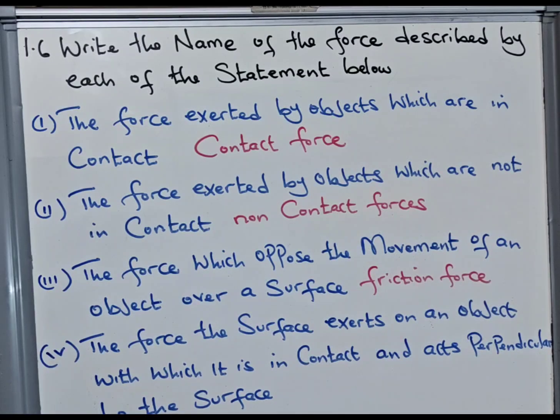So like the case we talked about when you sit on the chair. When you sit on the chair, you exert your weight on the chair. So the force which the chair exerts on you in reaction to your weight is what we call normal force. So the force here is normal. It is perpendicular to the surface.